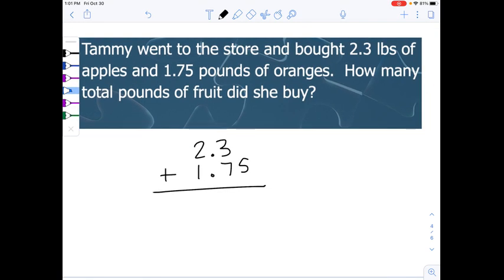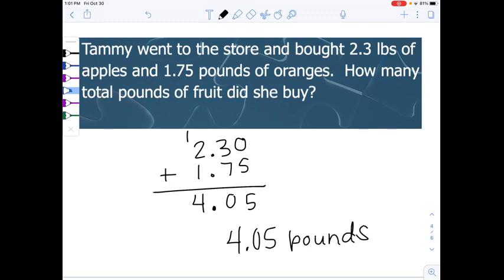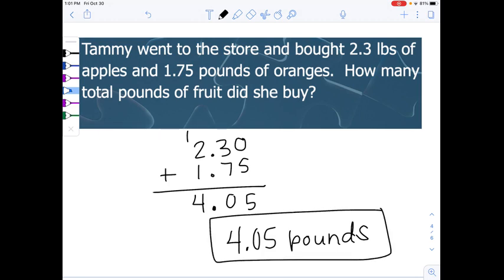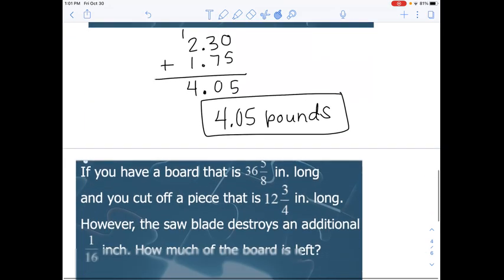Really important when you're adding decimals that you line up the decimal, and fill in a 0 wherever we have an empty space, and then I'm just going to bring my decimal down and add these like normal. 0 plus 5 is 5, 3 plus 7 is 10, 2 plus 1 plus 1 is 4. So she bought 4.05 pounds. Very specific.